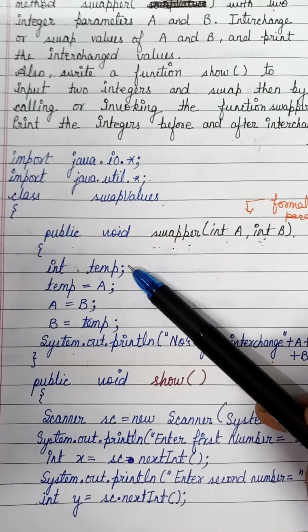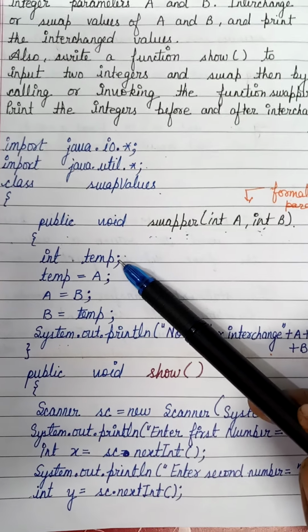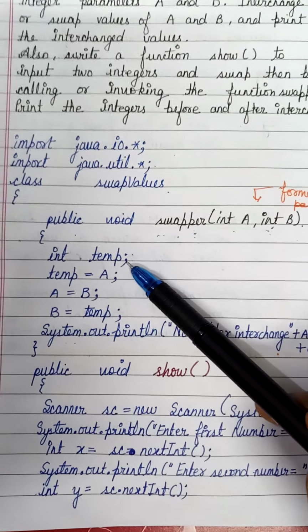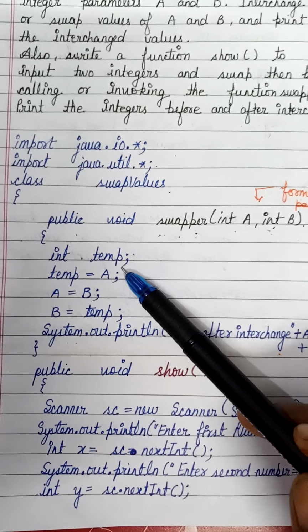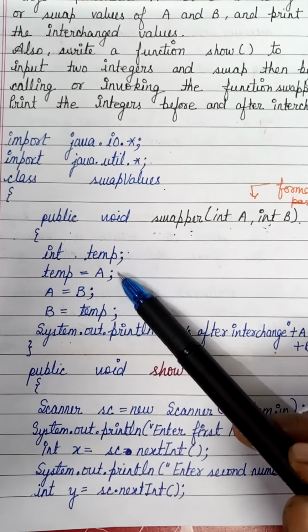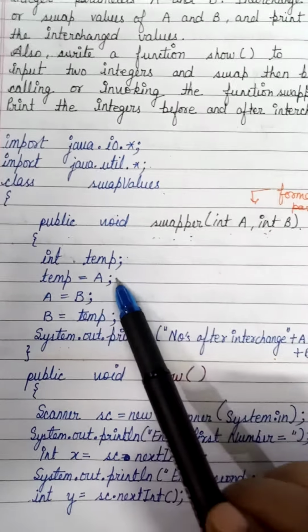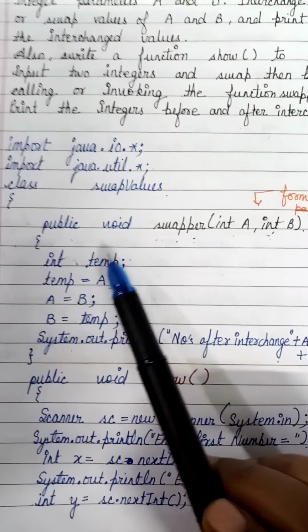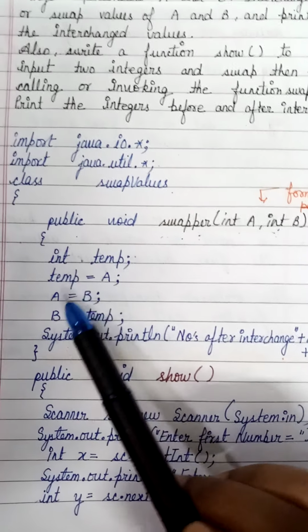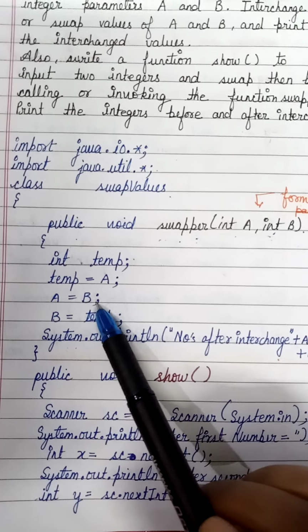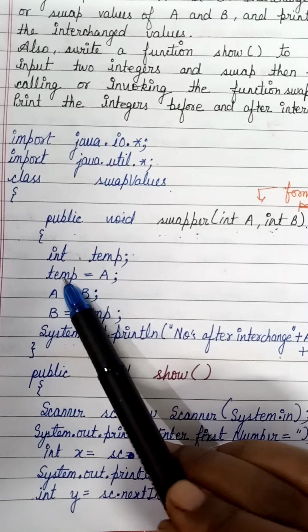Now we have taken one temporary variable temp to store the temporary value. We need a temporary variable to store the value of a variable in order to swap the values. How can we swap the values of two variables? In this third variable we are storing the value of a, then the value of b within a, and a's value is in temp.